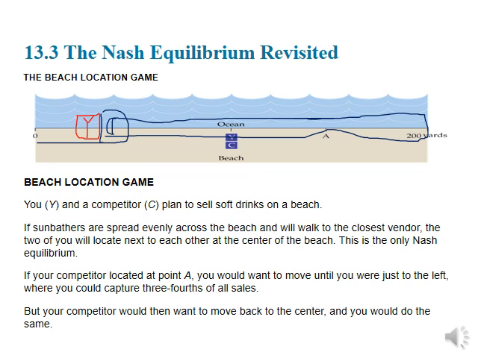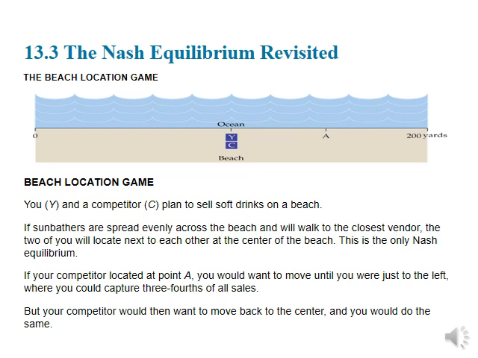If you happen to locate here, their best response is to locate exactly next to you. You, however, now have incentive to deviate. This is not a mutual best response because you have incentive to move your paleta stand, and you have incentive to move it right here next to them. And so on and so forth until we wind up where we were at our Nash equilibrium, at our mutual best response, where everyone is at the midpoint of the beach.